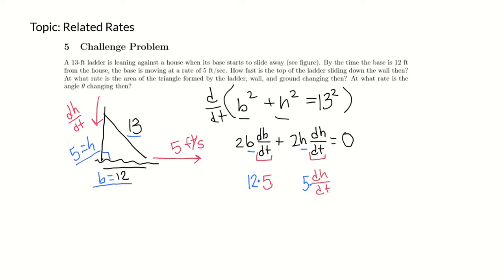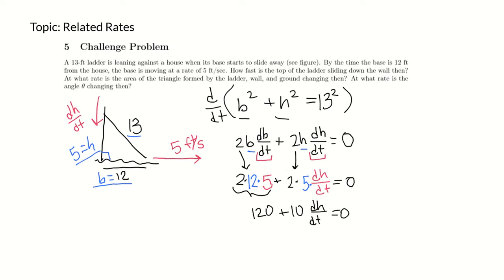So we have 2 times 12 times 5 plus 2 times 5 times dH dt equals 0. And then now we want to solve for dH dt. So this is 120 plus 10 dH dt equals 0.